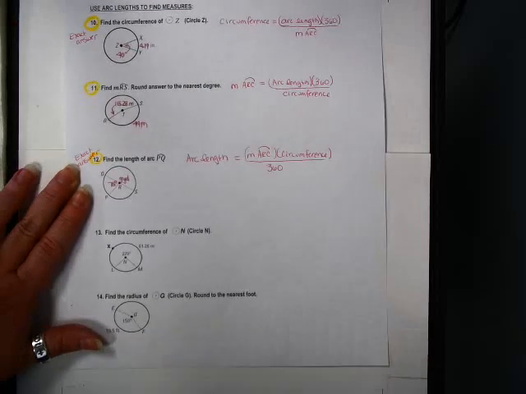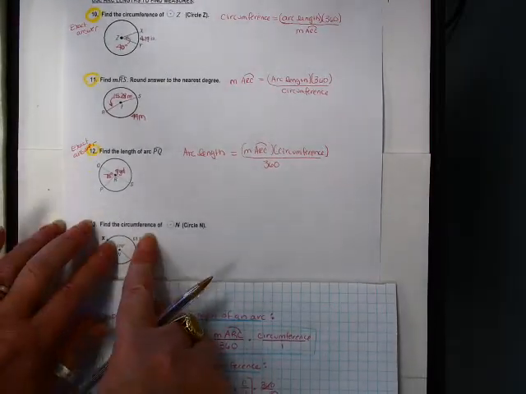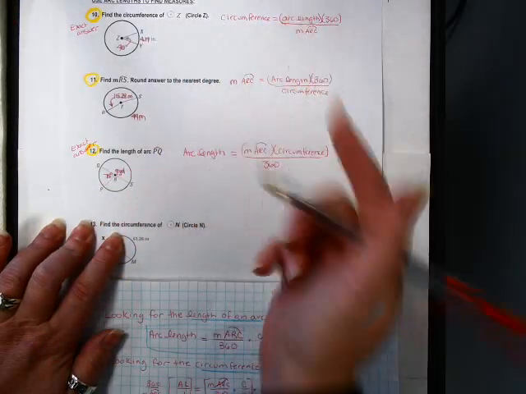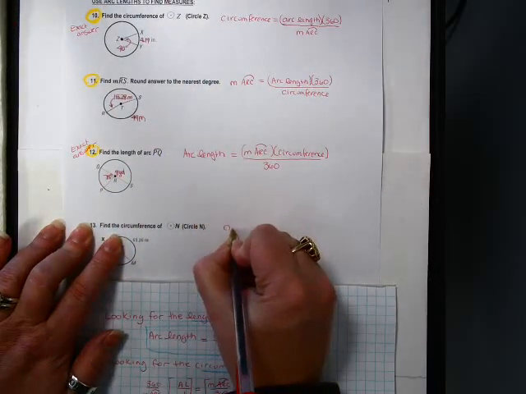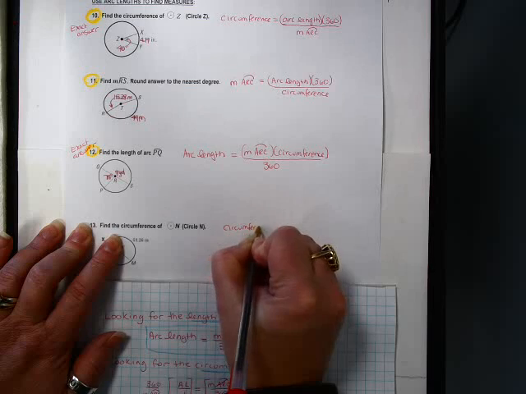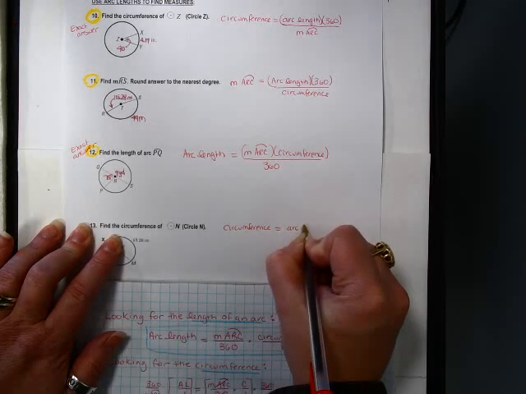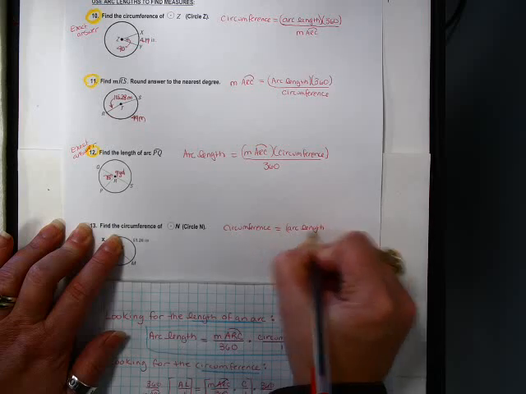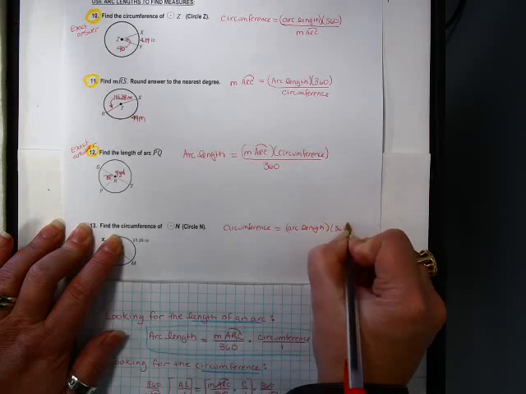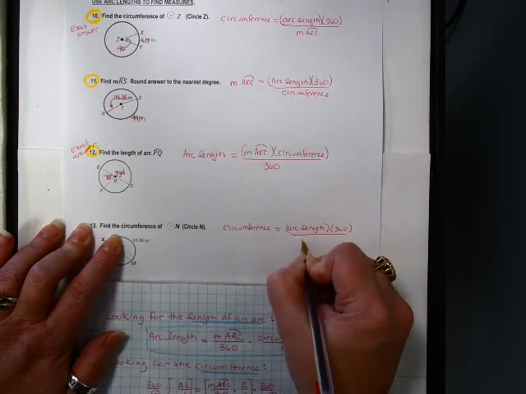Okay, the next one. On the next one, it says find the circumference. So again, you're going to use the same one up here. Circumference equals arc length times 360 divided by the measure of the arc.